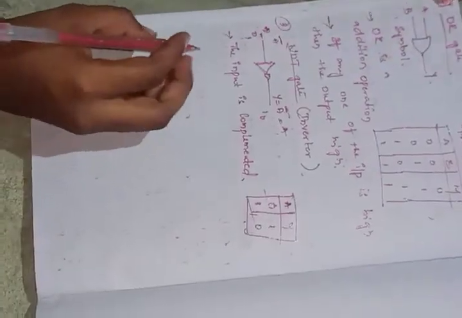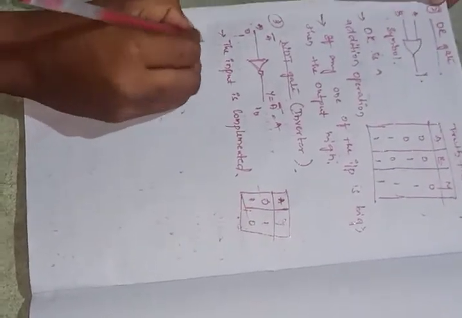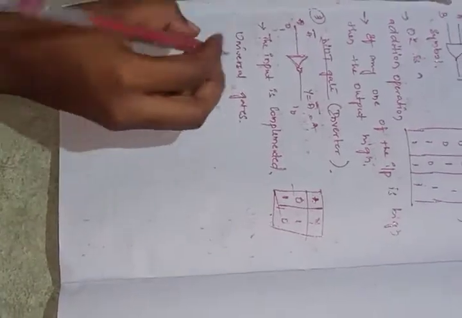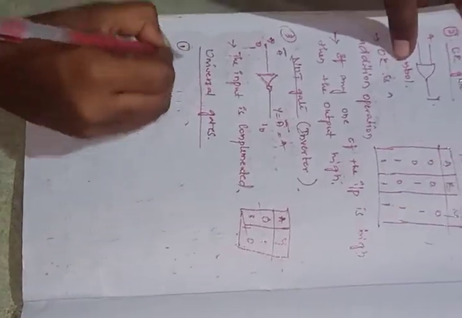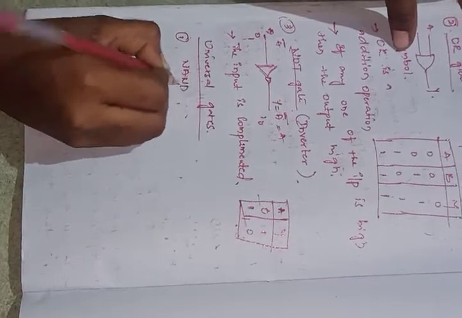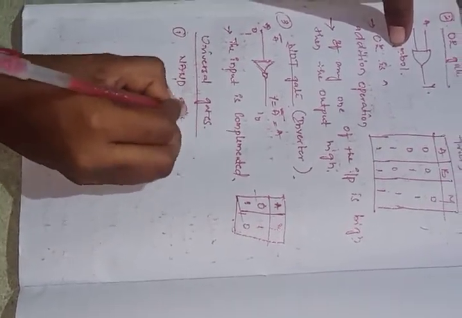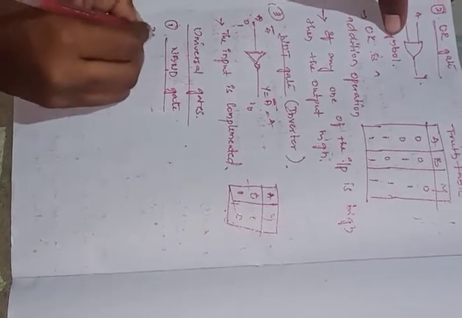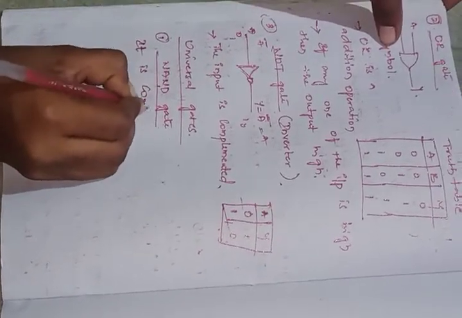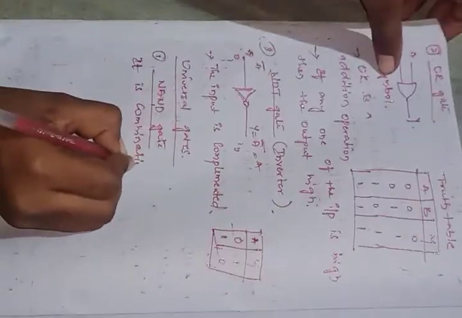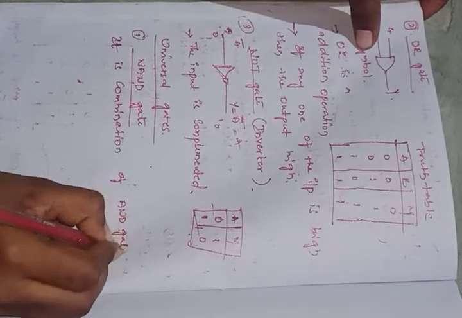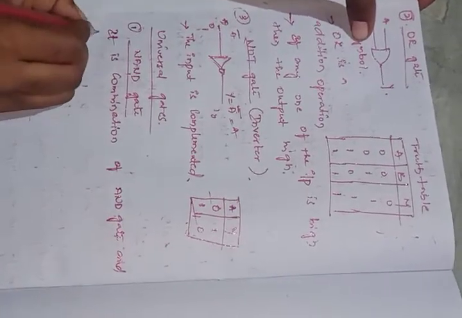And we go for the next, universal gates. First one, NAND gate. NAND gate means it is a combination of AND gate and NOT gate.